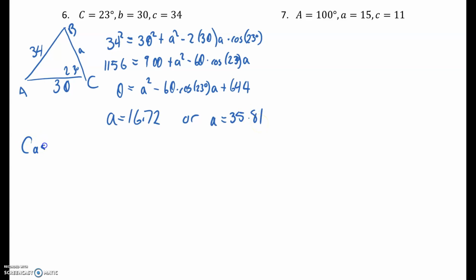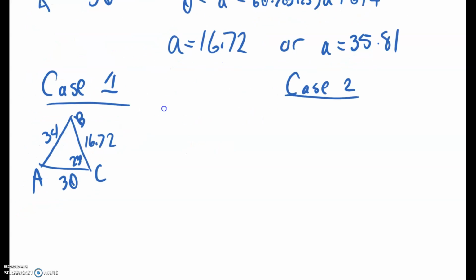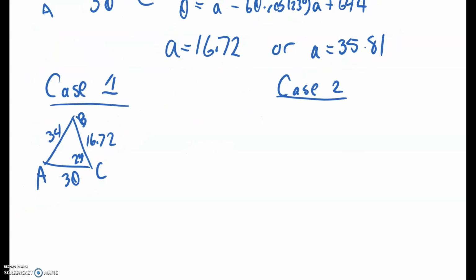Just like we did in the law of sines work, case number 1 and case number 2. The only thing that differs between these 2 scenarios is that C was 23, B was 30, and A is now, for case number 1, 16.72, and inside C is 34. So really all we're doing here is going through and solving for angle B and angle A. It's totally up to you how you want to go through this.